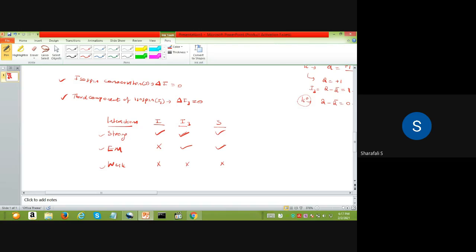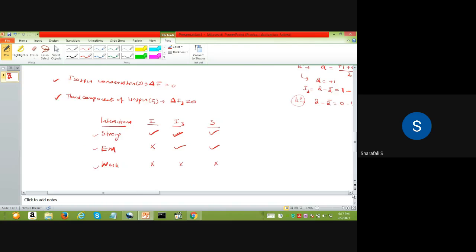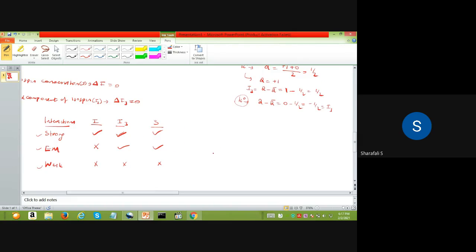So we have to look at these interactions. For example, consider an interaction like pi plus interacting with N, that is a neutron, which will give you lambda 0 and K plus.